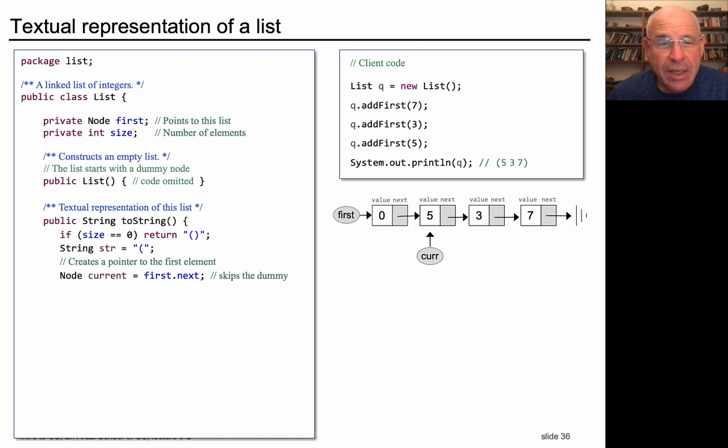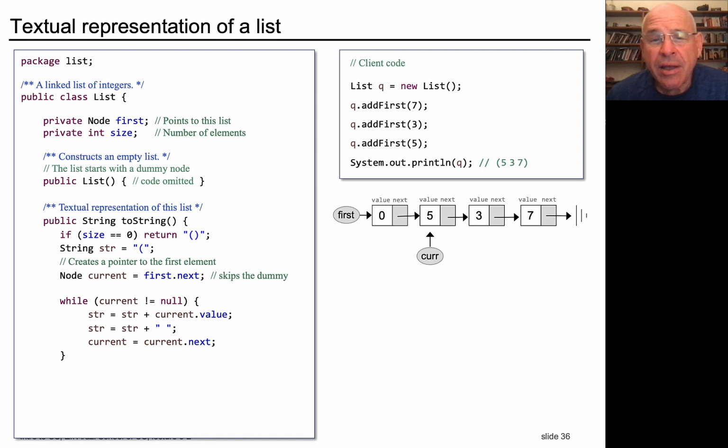All right, the next thing that I will do is I will check if current does not equal null. If it does not equal null, I know that I'm pointing at a real node, and I want to see what is the contents of this node, in this case 5, and I want to append it or concatenate it to the string that represents the list.